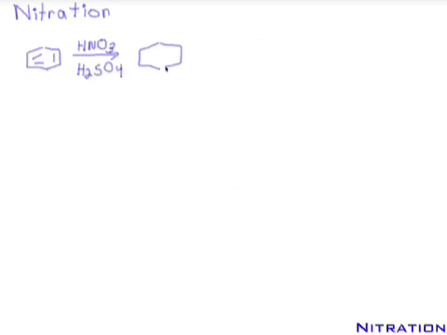This reaction will put an NO2 group on the ring. How does this happen? Well, the first step is formation of the electrophile. It turns out that HNO3 is actually HONO2.